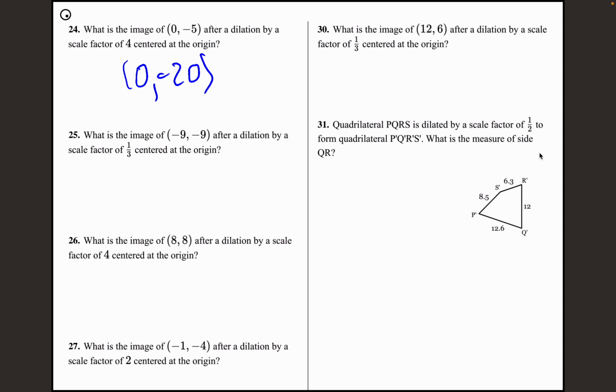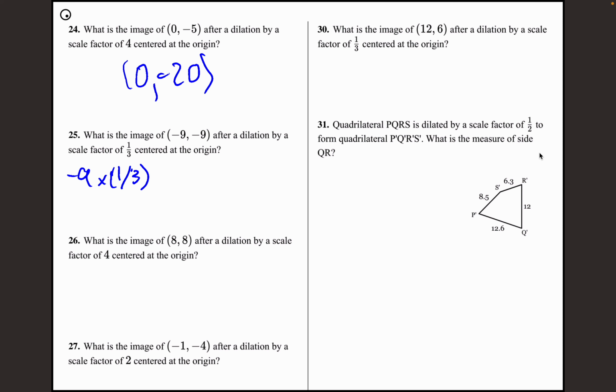What is the image of -9, -9 after a dilation scale factor of 1/3? Now, there's 2 ways you could do this. In your calculator, you could literally just put -9 times, and you could do a parentheses 1 divided by 3, and that gets your answer, because that's just 1/3.